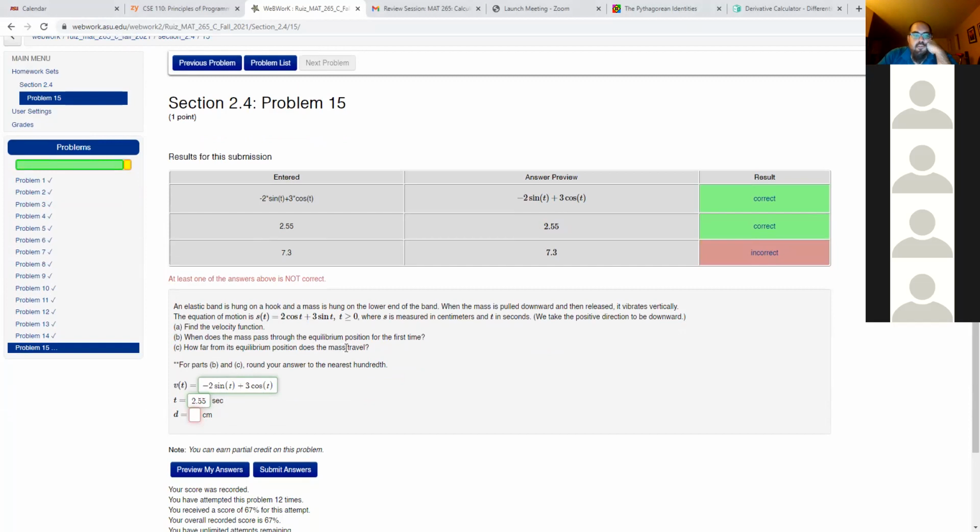But I'm not entirely sure what it's asking for, like what time, because obviously when the mass passes through the equilibrium position for the first time, it's at its amplitude. But when I input that, it didn't register as correct. So an elastic band is hung on a hook. The mass is pulled downward and released. It vibrates vertically. The equation of motion is that, where s is measured in centimeters.